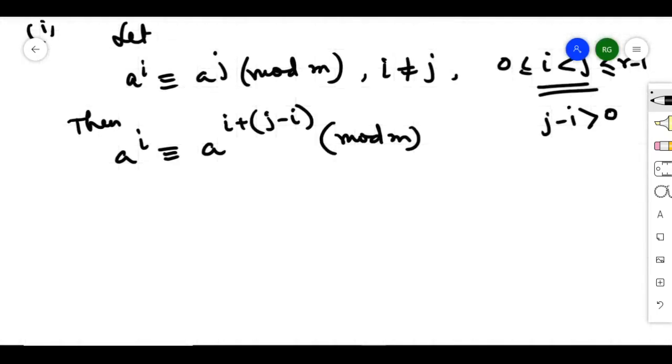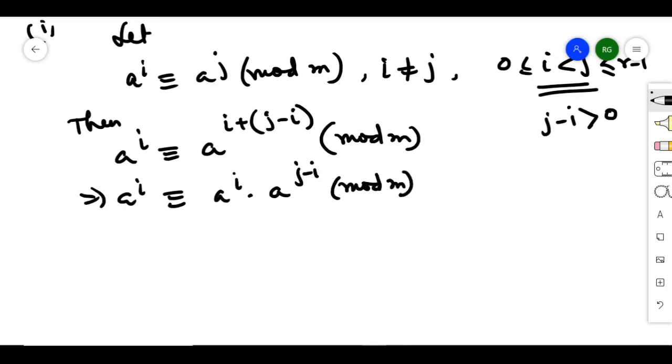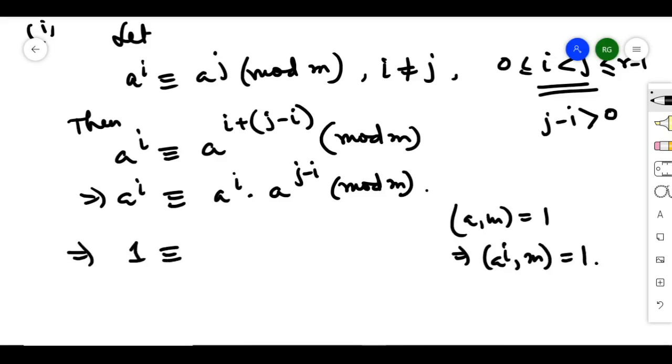So this gives a to the power i congruent to a to the power i times a to the power j minus i mod m. And here, as a and m are relatively prime, a to the power i and m are also relatively prime. So by the restricted cancellation law, I get 1 congruent to a to the power j minus i mod m, and the same is equivalent to a to the power j minus i congruent to 1 mod m.